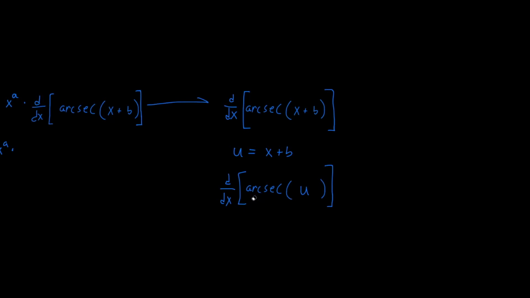So now we have a function in terms of u being differentiated with respect to x, so we apply the chain rule and get the derivative of u with respect to x times the derivative of arcsecant u with respect to u.